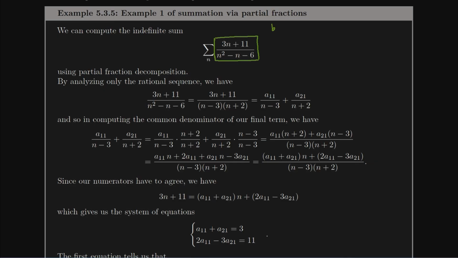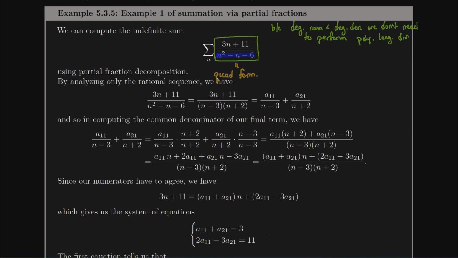I'm first going to note that because the degree of the numerator is less than the degree of the denominator, we don't need to perform polynomial long division. We can just go straight to factoring the denominator. Now, how would I factor this denominator? I wrote this one out so that you could factor it by sight, but if you don't see what the factor should be, let's use the quadratic formula.